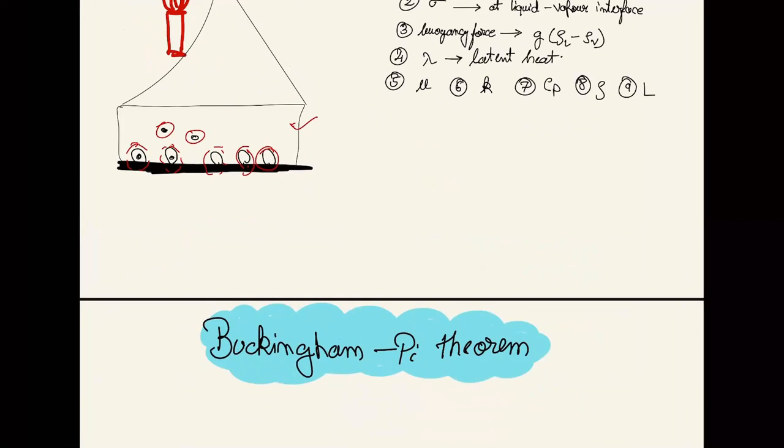Or should we go for the full-fledged derivation of Buckingham Pi, why, how, etc.? Okay, so you are okay with understanding the philosophy of using the Buckingham Pi theorem, and you can always try this particular problem yourself, or you can ask me later. I will provide you the notes to solve this particular problem.